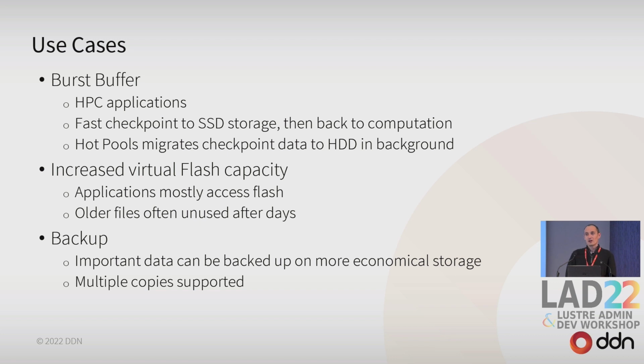And the third use case is obviously backup, because this mirroring capability means we are making multiple copies of the same files on more economical storage. So that can be seen as a backup capability.